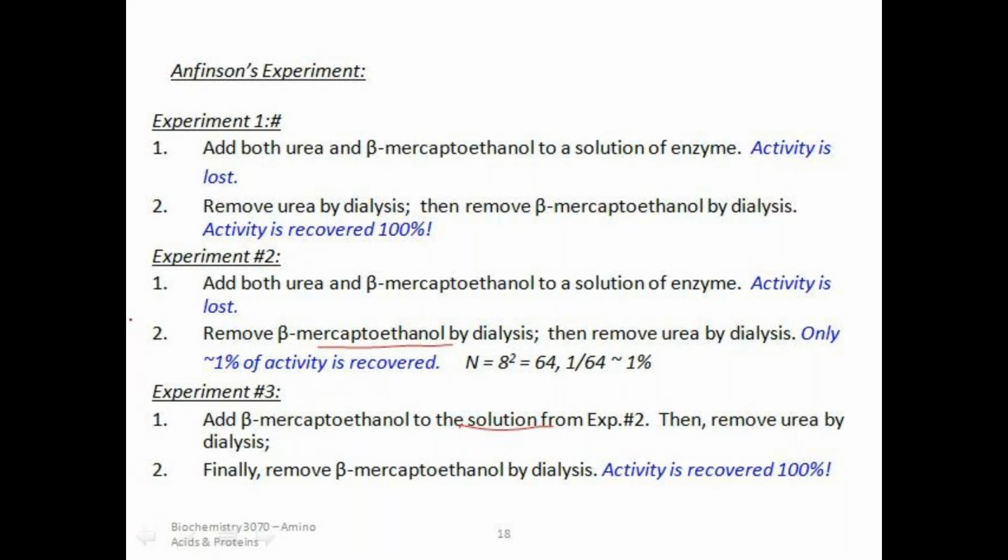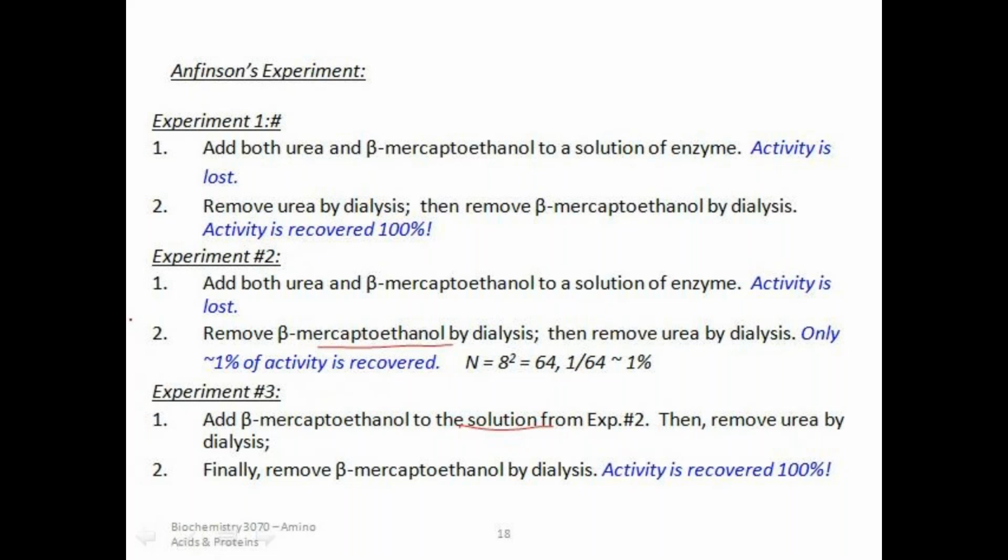After that, here we have to add the beta mercaptoethanol to the solution from experiment 2. Then remove urea by dialysis, and finally remove beta mercaptoethanol by dialysis. And the activity recovered is 100%.